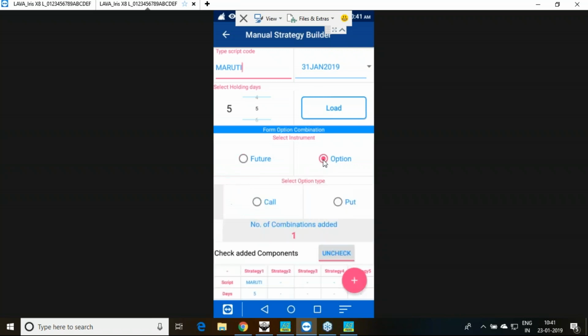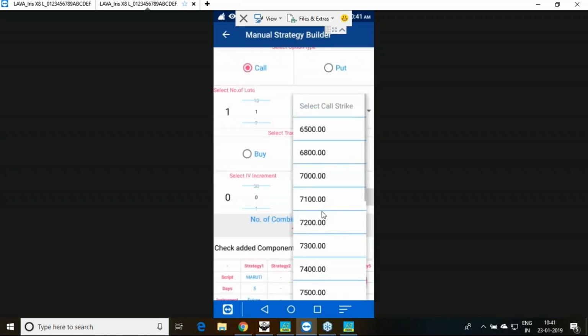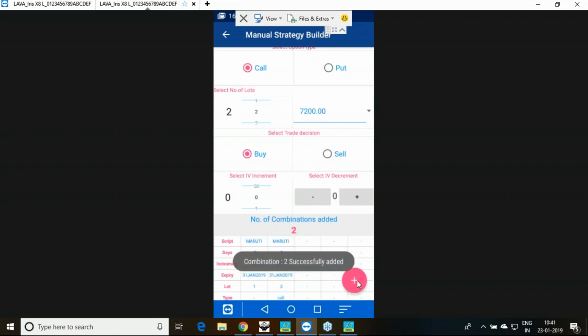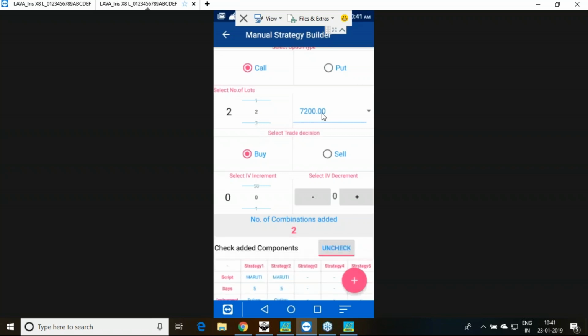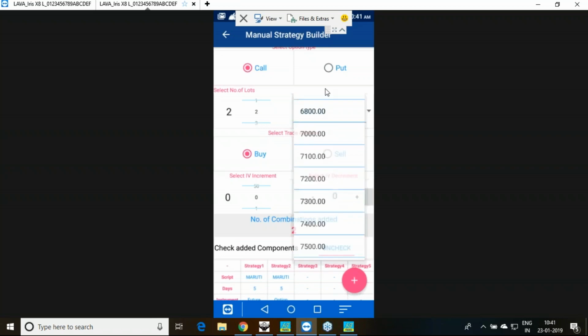Now I go for the options, and here for the call option I'm selecting the strike. I have selected the 7,200 strike, and for the number of lots, 2 lots I'm going to buy. The third component of my strategy will be the 6,800 put option.